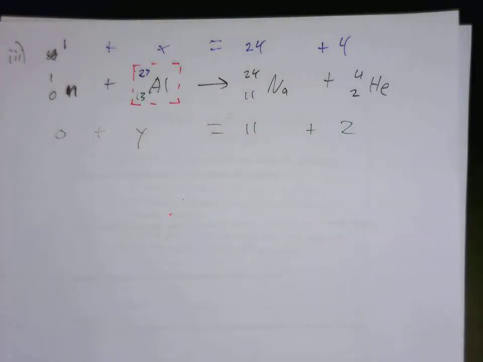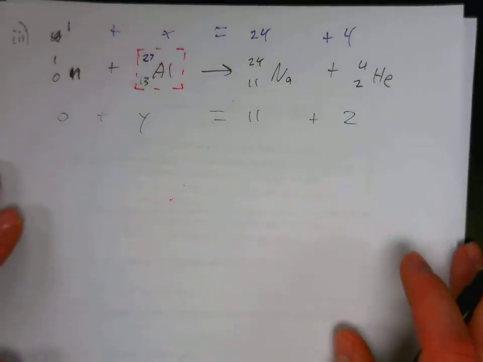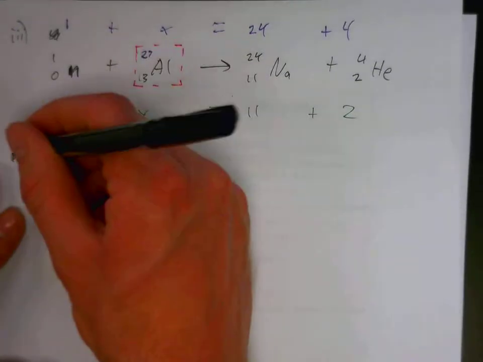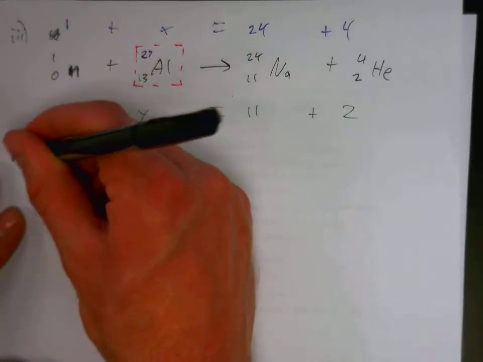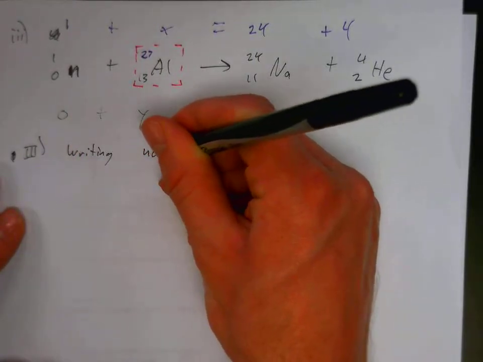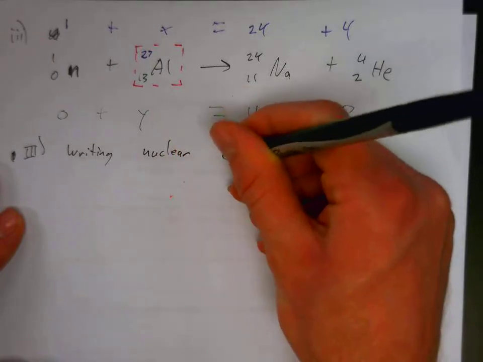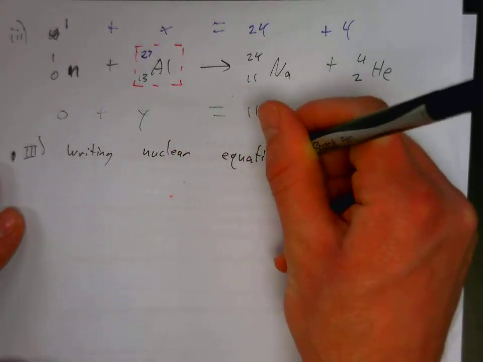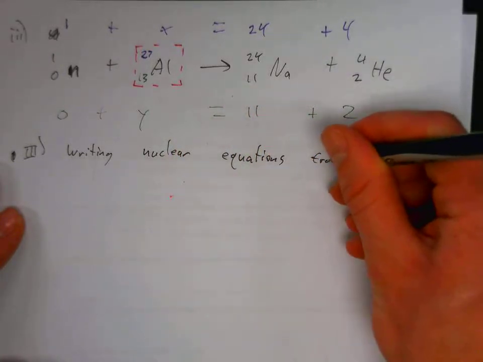Now, let's look at the situation where we have equations that are written out, so we have to figure out the equation. So this is writing nuclear equations from descriptions.